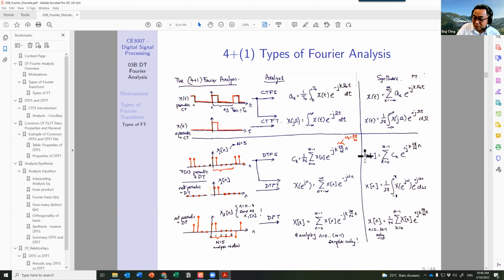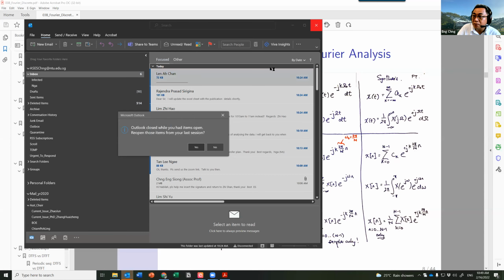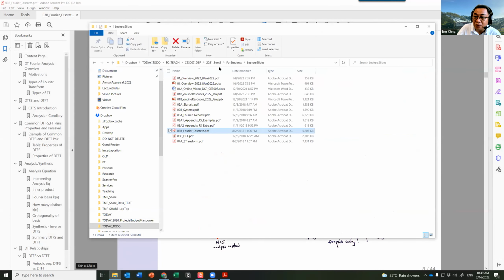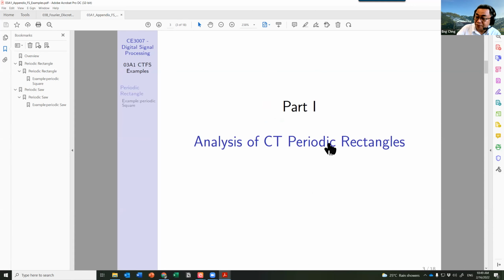Now, to really understand this, I'm going to start with this example first. Okay, so let's try.